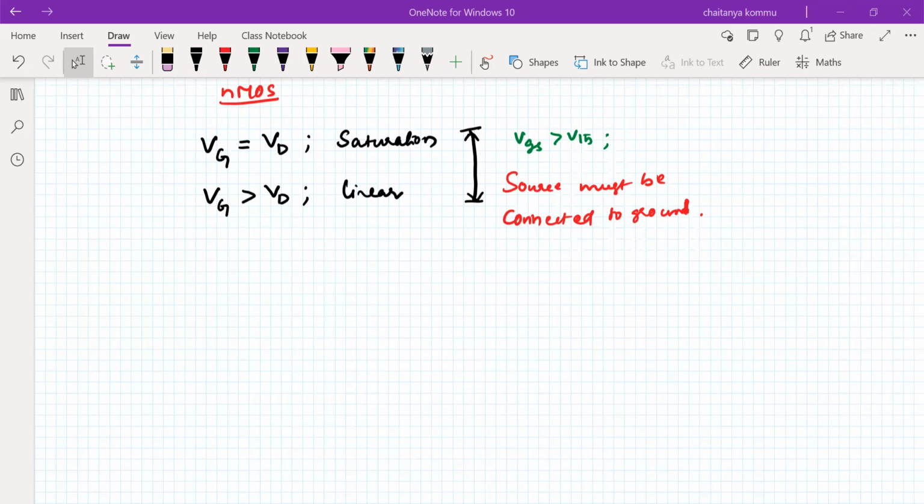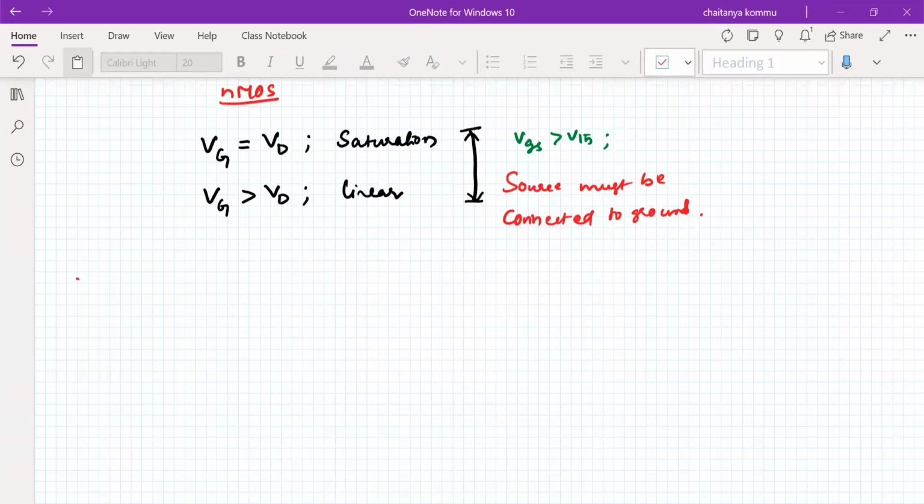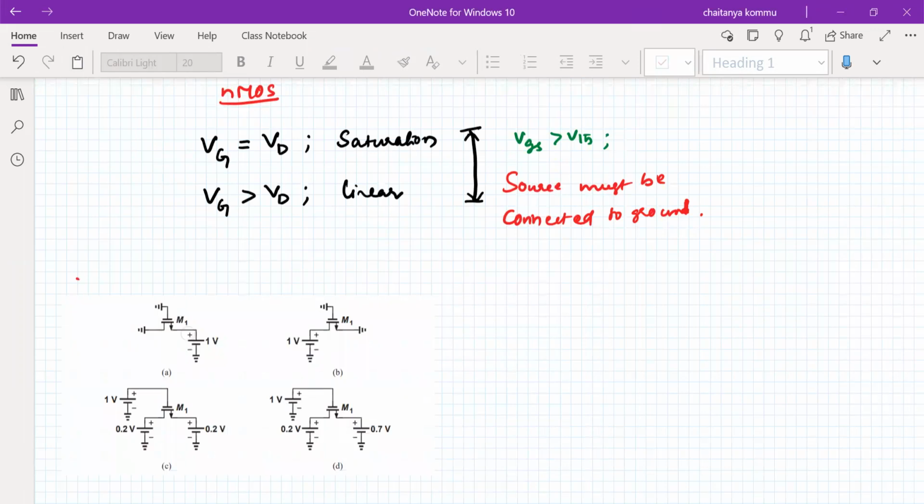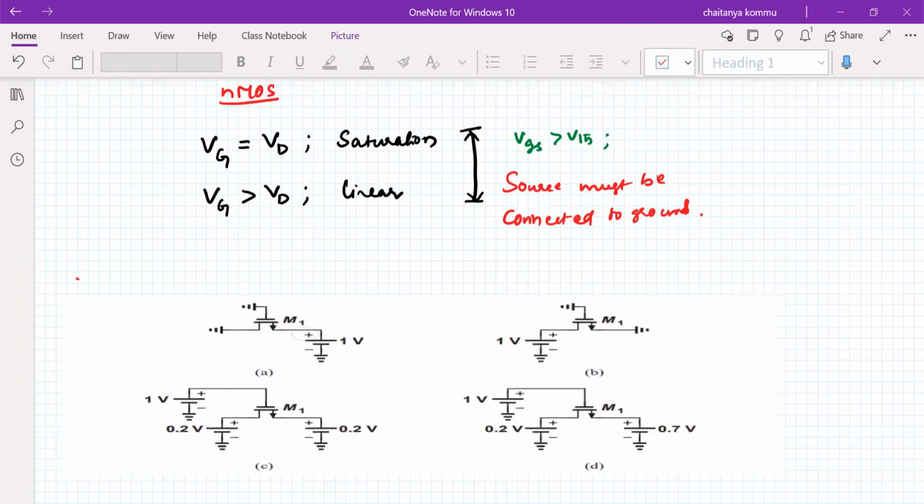Let us consider some examples. Snapshot, snippet 2. And then paste it. Okay, so these are some examples I have taken.